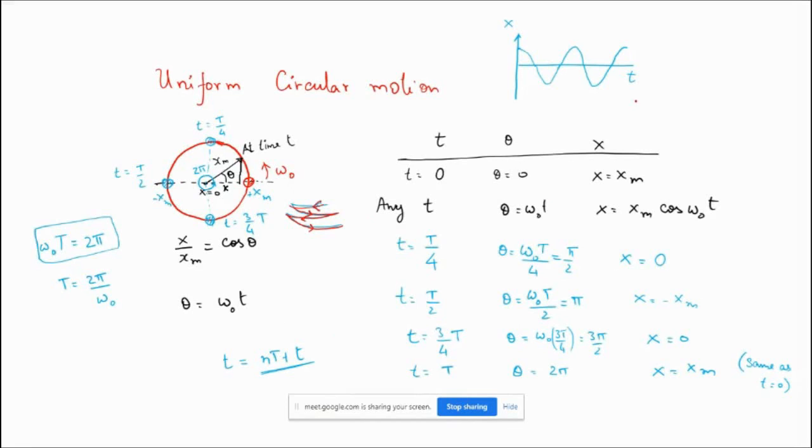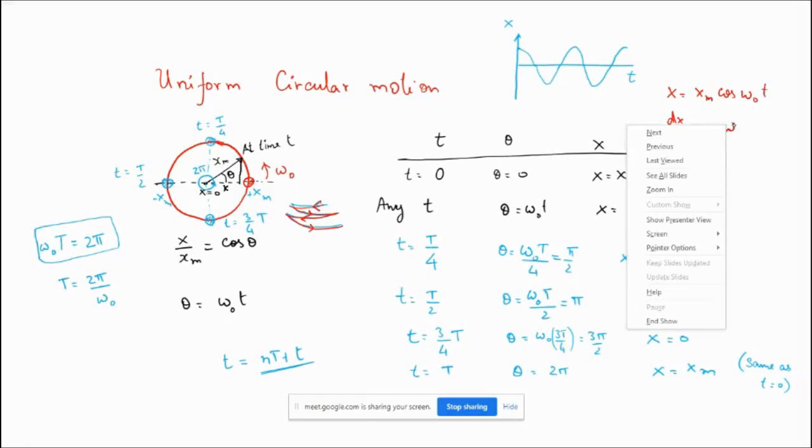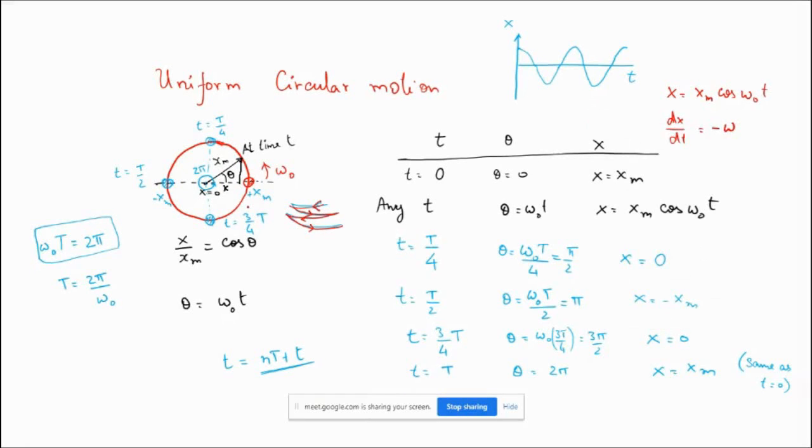And in addition, since x is xm cos omega naught t, dx by dt would be minus omega naught xm sine omega naught t, whereas d square x by dt square would be minus omega naught square x itself, because xm cos omega naught t would repeat, which is x.